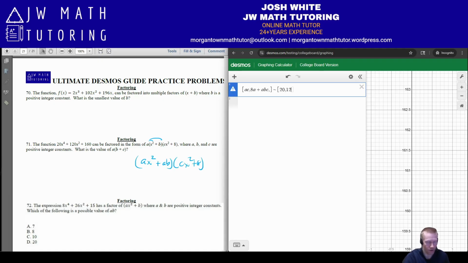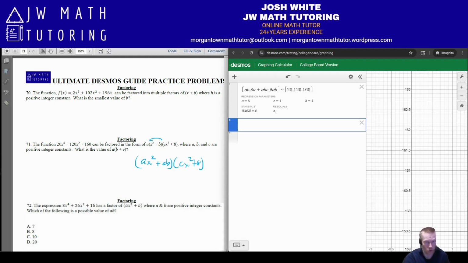Those two added together are equal to 120. And then the last two terms, which will be 160, is 8 times AB. Notice what happens here is it actually gives me different values for A, B, and C. However, the A times B plus C value is still the same.